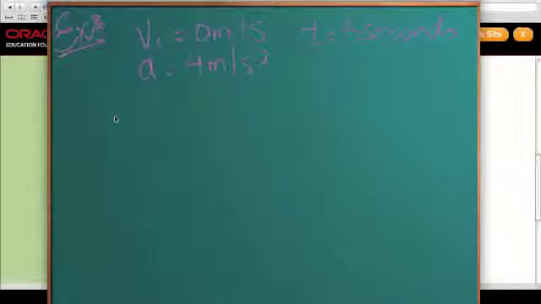Now we do not know the v2, or the v final. This is our formula, v2 minus v1 over t equals a. So we do not know this, so let's make this the subject. This would become v2 minus v1 equals a times t, and since this is subtracting, we'll take it over here. v2 equals a times t plus v1.